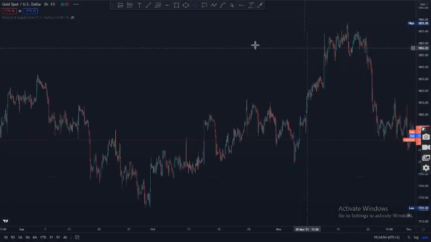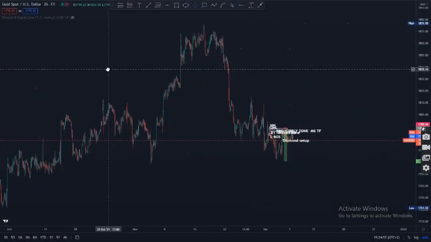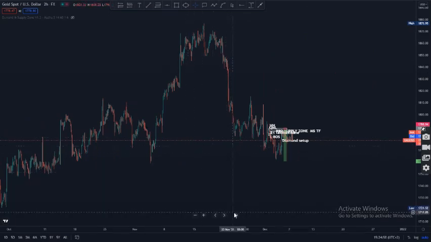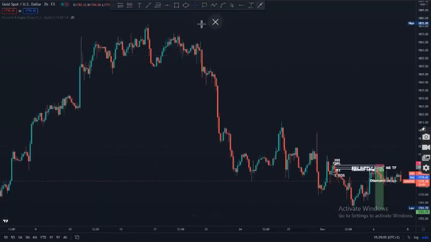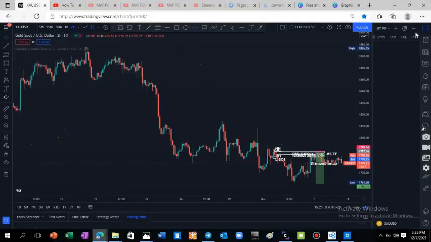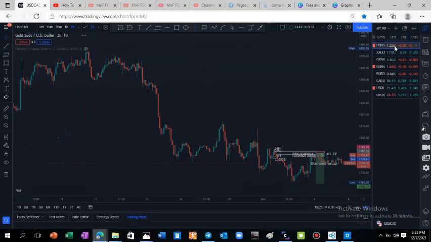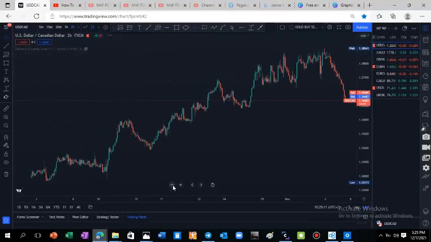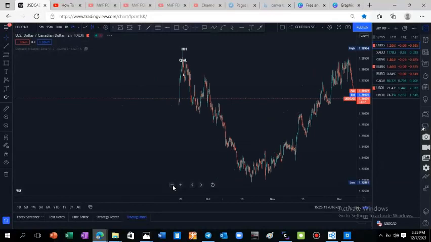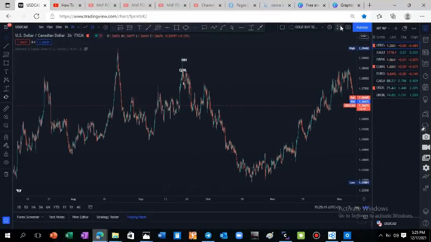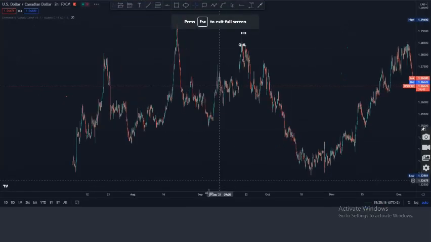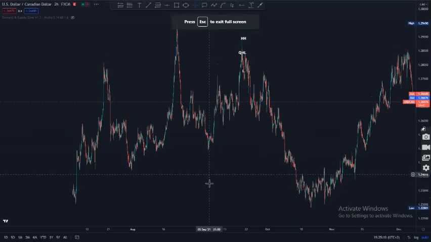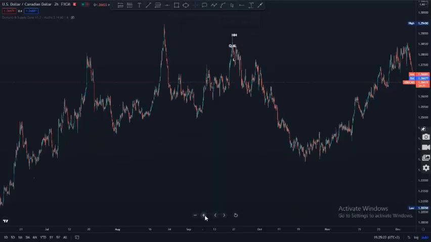Let me get back to USDCAD. USDCAD is here. So we have a higher high there, we have a QM, we have a low, and the break of structure.